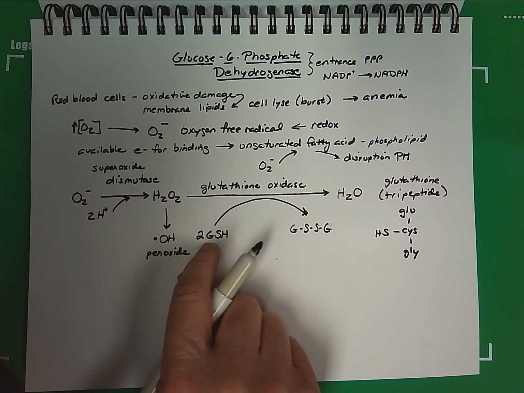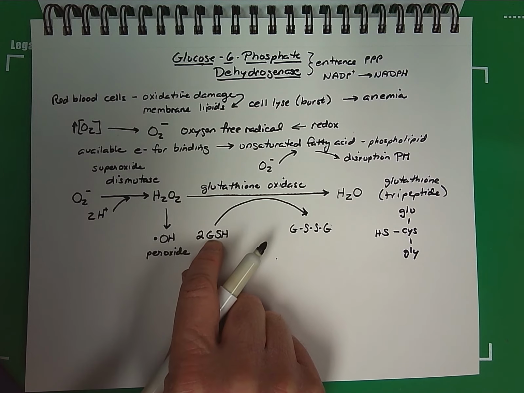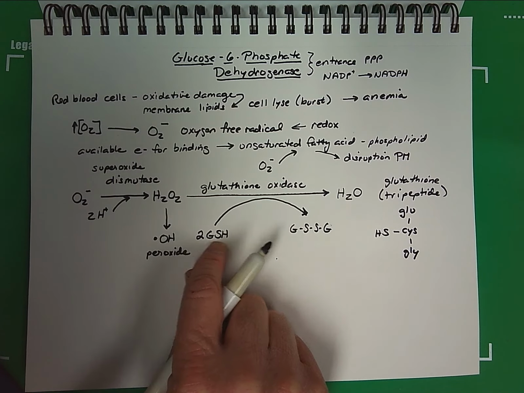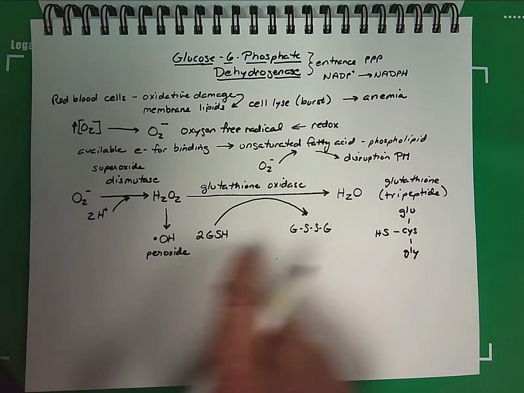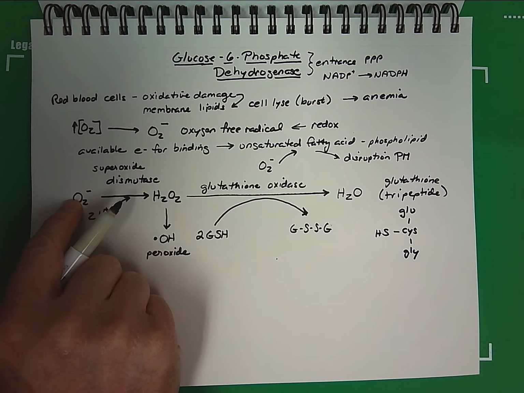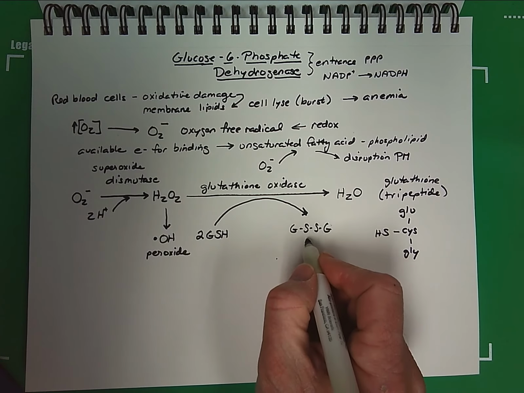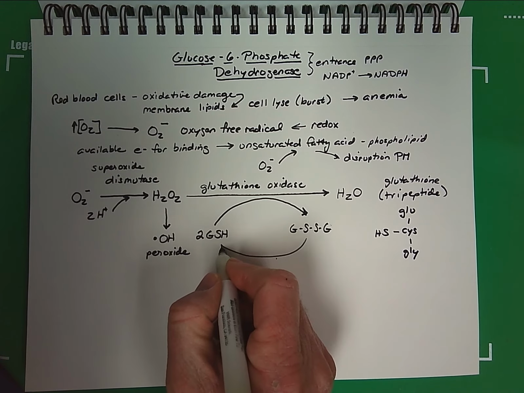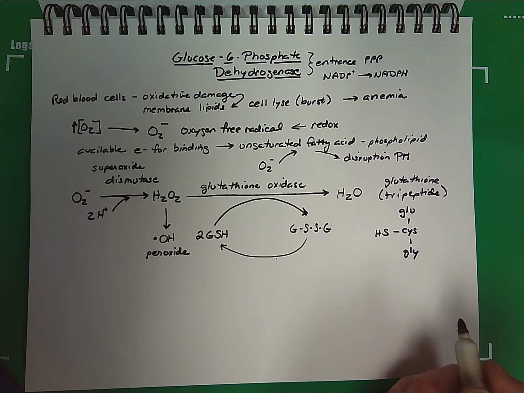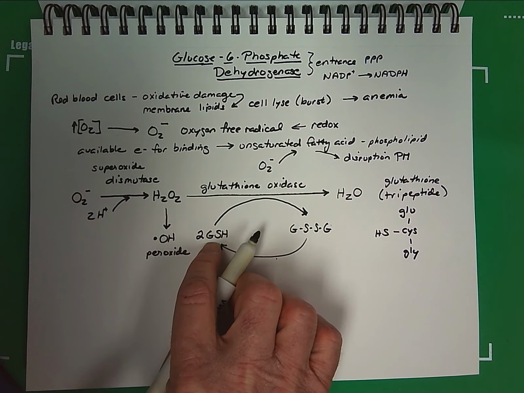Now we have a limited amount of the reduced form of glutathione, and therefore if we continue this reaction, which is generating hydrogen peroxide all the time in red blood cells, we will deplete the glutathione in its reduced form. So what we need to do is take the oxidized form and reduce it back to the free sulfhydryl on the cysteine amino acid.